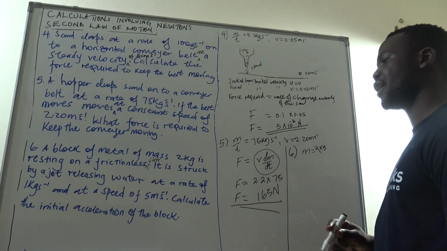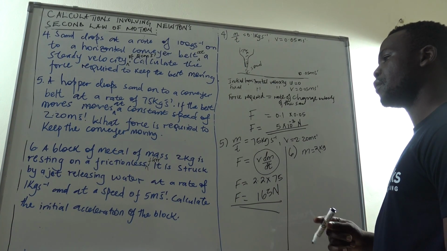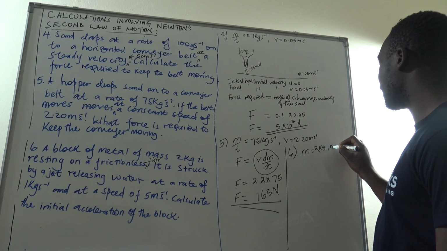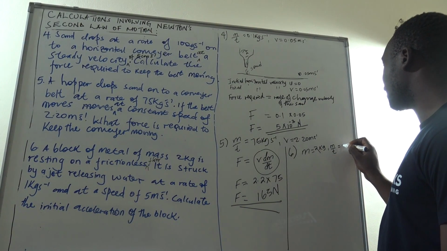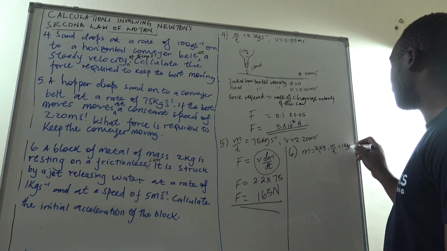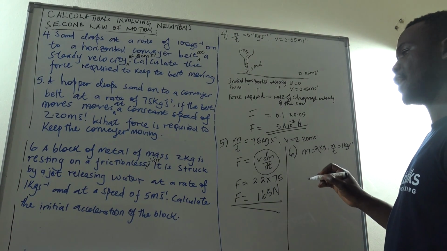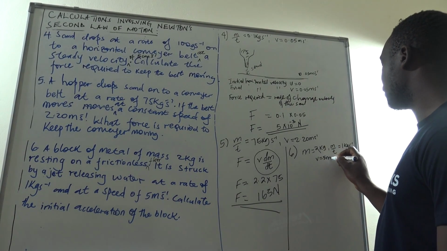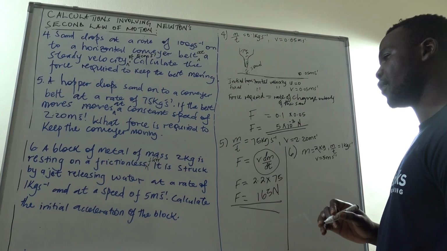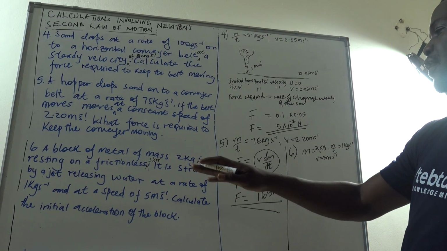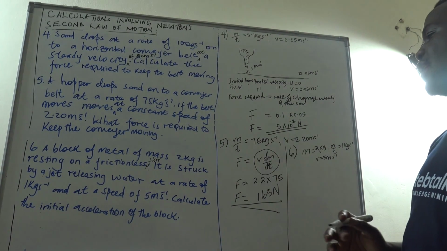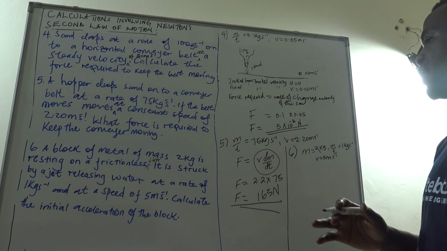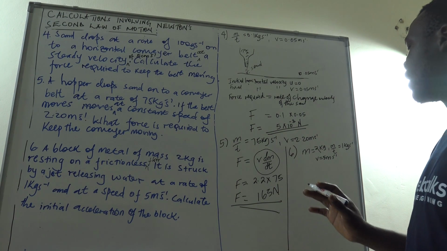It is struck by a jet releasing water at a rate of, now here we have mass rate equal to 1 kilogram per second, and the speed v here is 5 meters per second. At that rate and at that speed, calculate the initial acceleration.